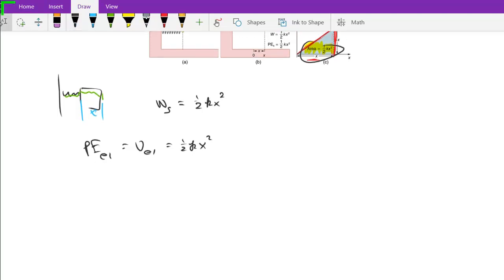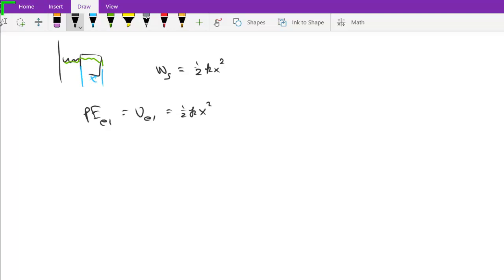Very similar. I won't go through the derivation, but we also have kinetic energy. This is the energy associated with an object in motion. So kinetic energy, just like kinetic friction was the friction of things moving, kinetic energy is the energy of things moving. Oops, I apologize.